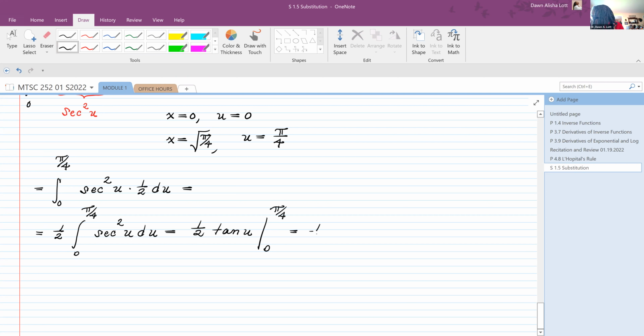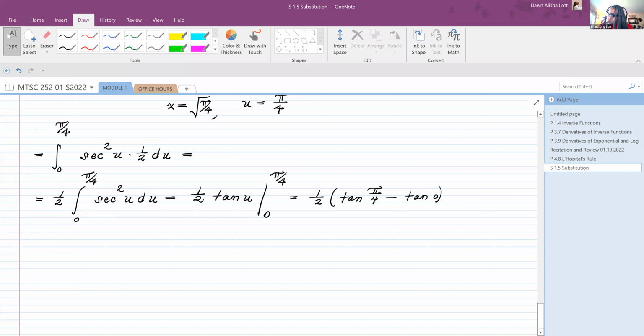So I get 1/2 times the tangent of pi over 4 minus the tangent of 0. What's the tangent of pi over 4? You should be flipping over that little card. It's right there. What is it? 1. Yes. Tangent of 0 is 0, so the answer is 1/2.